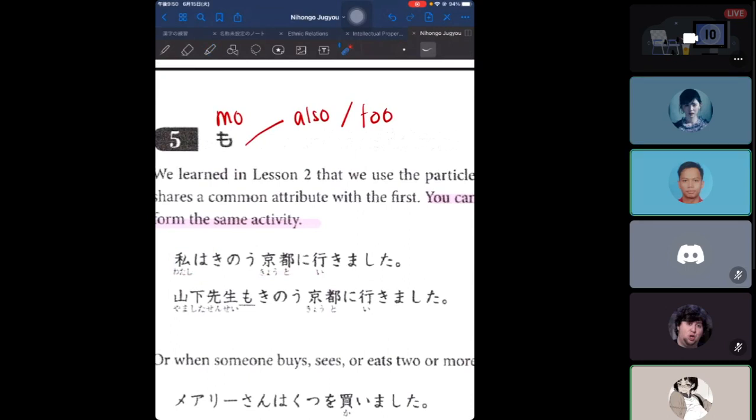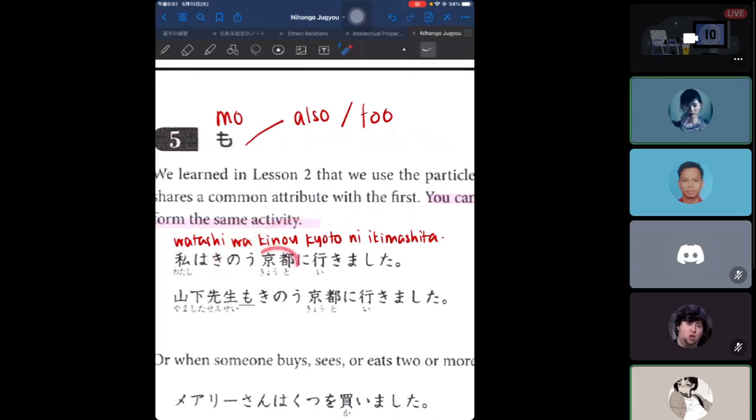私は昨日、京都に行きました。 そうそう。私は昨日、京都に行きました。 So 私は昨日 is what we learned yesterday.